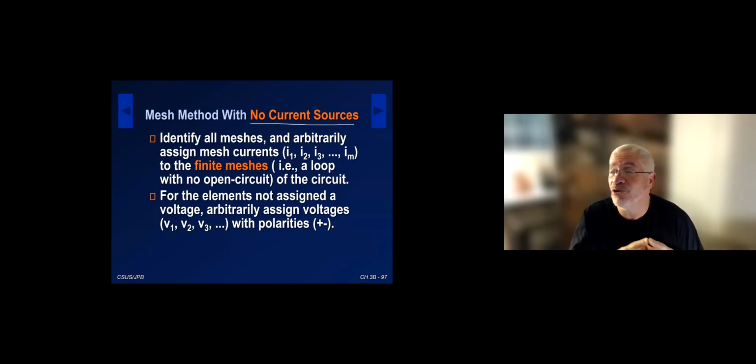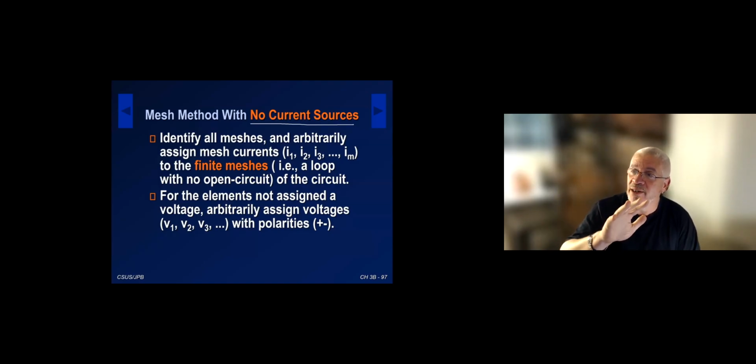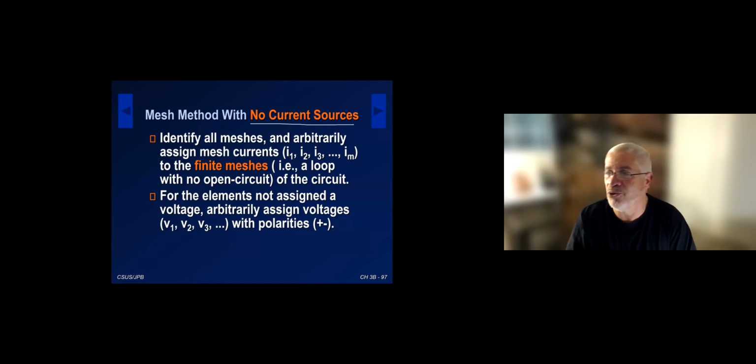In nodal, voltage sources require special treatment. So the first category, what I call the basic mesh analysis, is circuits with no current sources. And in the next lecture, I'm going to overlay how we treat current sources in mesh analysis, very much as we did with nodal analysis, where we overlaid how to treat voltage sources onto the basic nodal analysis.